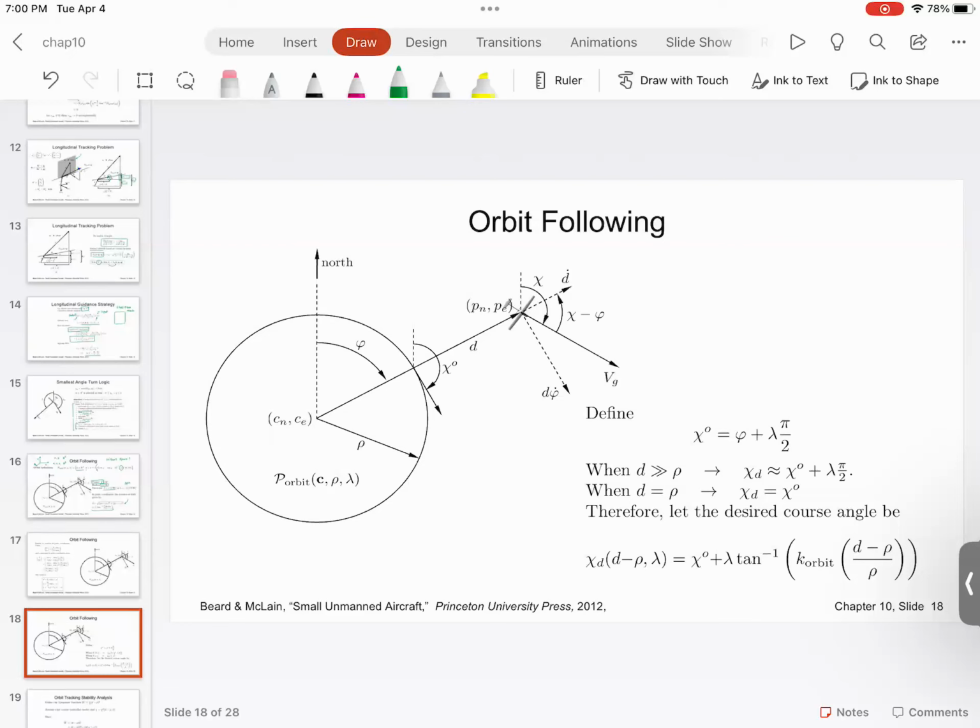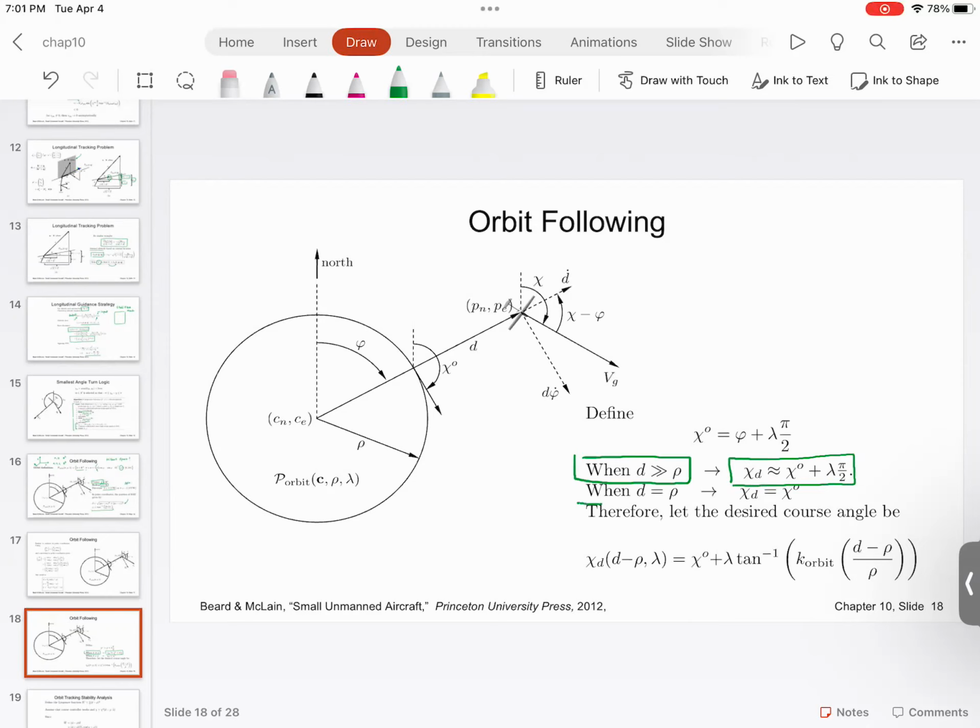Now, some may ask me, all this is good, but what does that mean in terms of equations? In the equation, when my actual radius is greater than the desired radius, I perform the course correction so that the UAV comes back to where it's supposed to be.